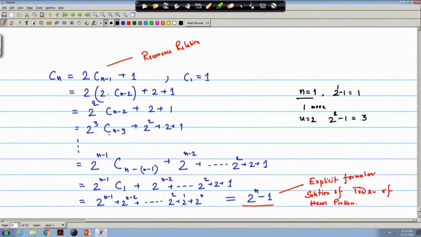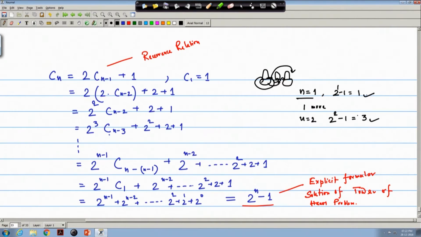We have already seen that if we have 2 disks, first the largest will go here, the smallest will go here, and then again the smallest will go here. So, I have 3 moves.